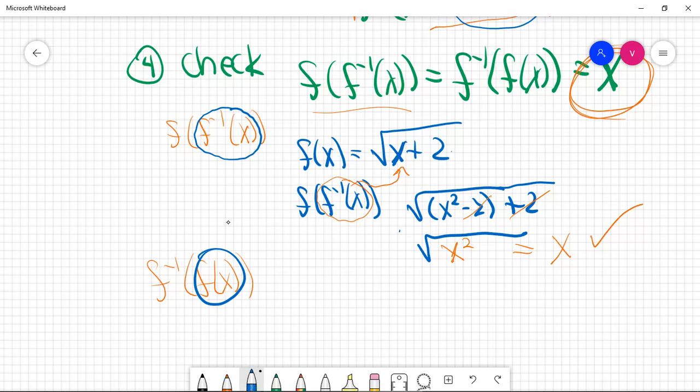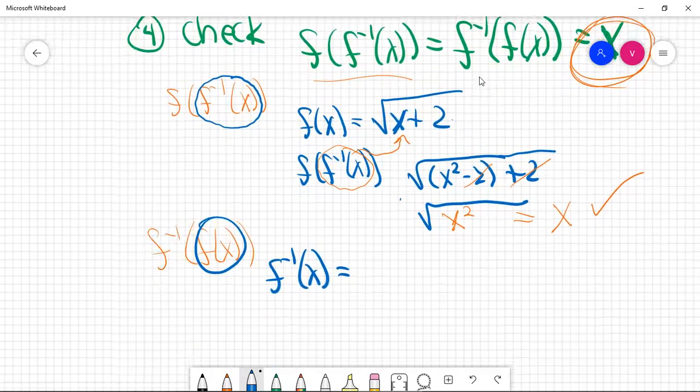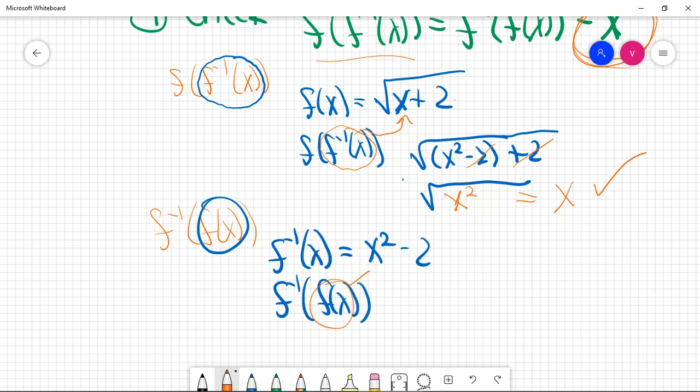So f inverse of x was equal to, what was it again? x squared minus 2. f inverse of x was x squared minus 2. So you're going to take f of x and stick it in there.